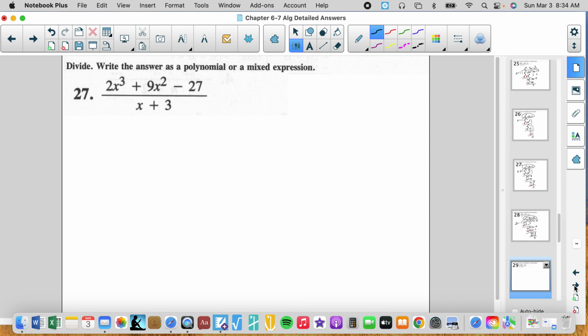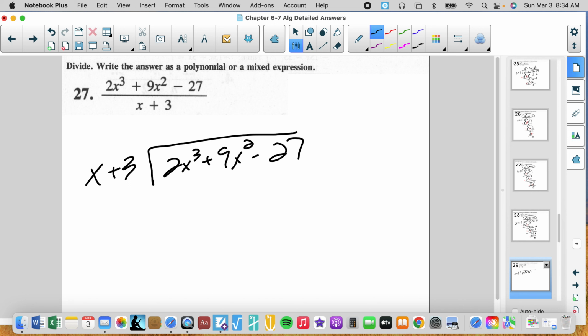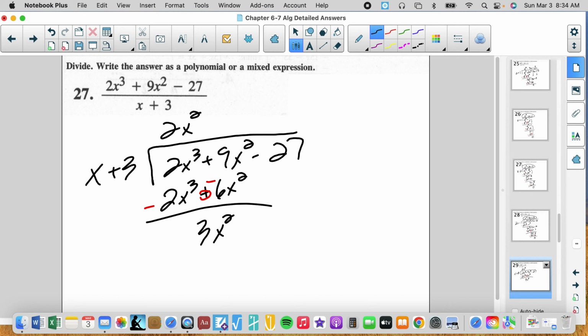Polynomial or mixed expression. X plus 3, 2x cubed plus 9x squared. Missing a term. 2x squared gives us 2x cubed plus 6x squared. Minus 3x squared minus 27. Be careful. 3x squared. Yeah.